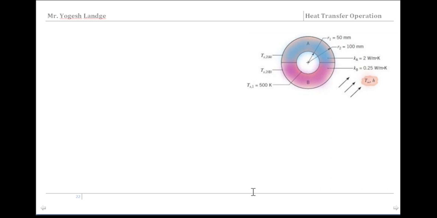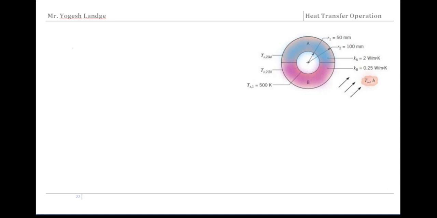Now if you want to calculate the temperature at the surface of insulation for material A and for material B, it is very easy to calculate. We just have to write the formula for that.